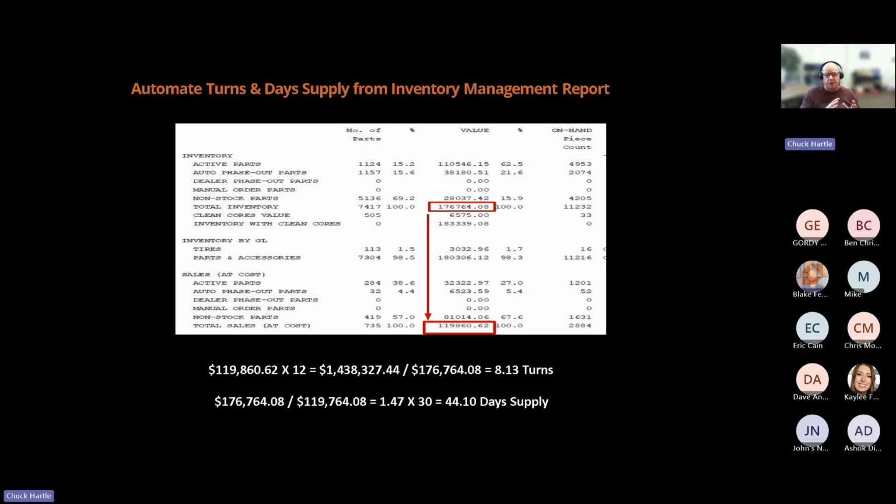Where we see turns tend to go down a little bit is if you're really large in wholesale and you're trying to cover a broad spectrum of collision and garage people, turns tend to go down because they're working on older vehicles, you're carrying a bigger breadth, whereas you're doing a lot of work within your shop and a lot of maintenance work. So that's where we tend to see, when you control your inventory, turns go up and days supply go down, just based on the way you do business.